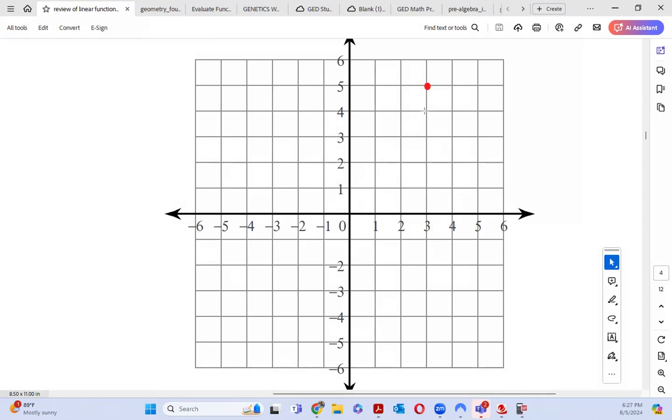Let's see. I think that's good right there. Let's see if I can draw a line here. See if I can get it perfect. If not, we'll see what happens. Nope, this is not good. I'll do it like this. Nope, can't do it that way.